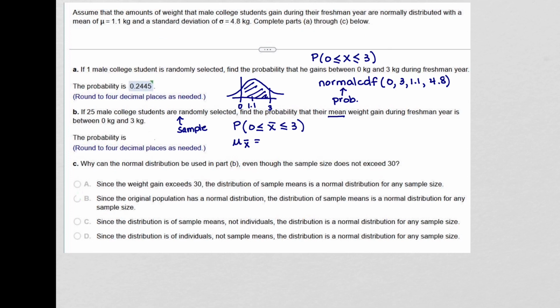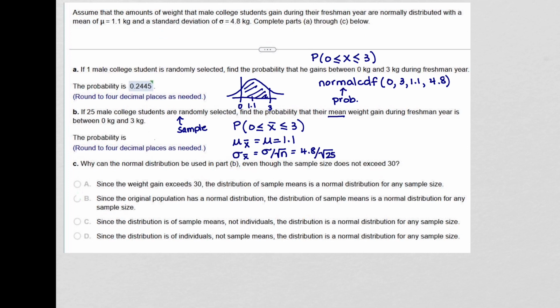Well, that's straightforward because that's just equal to the original mean, and that is 1.1. But then I have to look at the spread of the sample means. And that is the original standard deviation divided by the square root of the sample size. So here I'm going to take the 4.8 divided by the square root of 25.